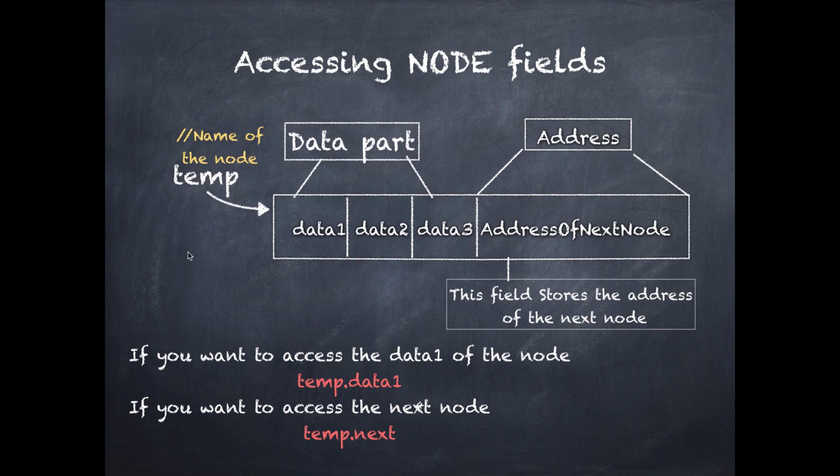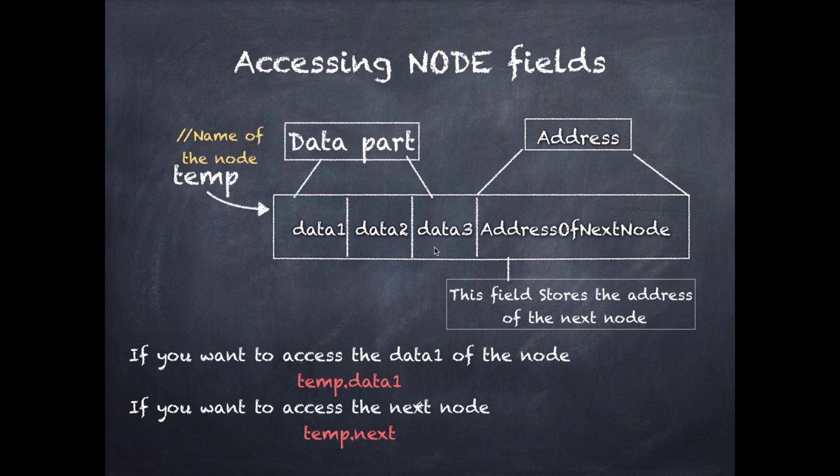Now, how will you access the elements inside the node? In case of arrays, how do you access an element in an array? With the subscript value, right? The name of the array with the subscript value. Now you are given a node. How will you access the elements inside the node?